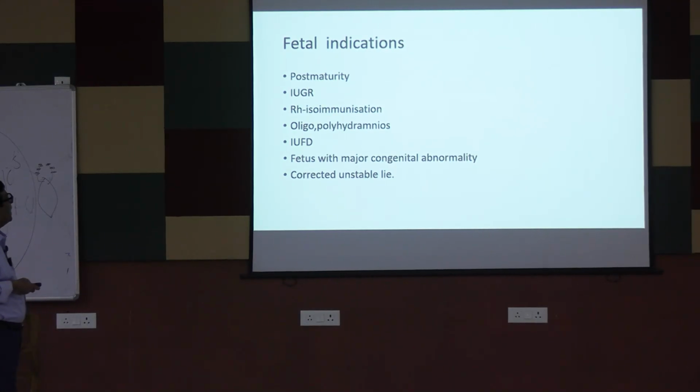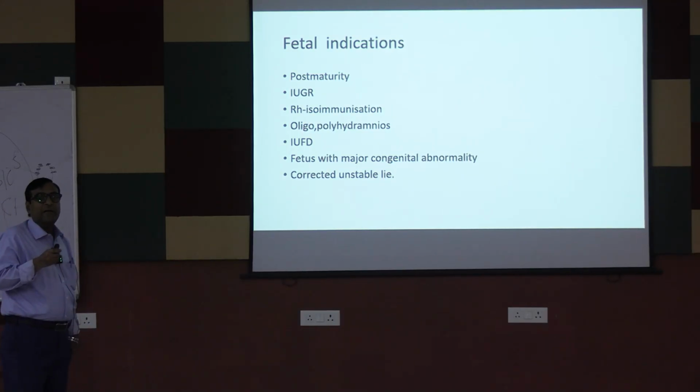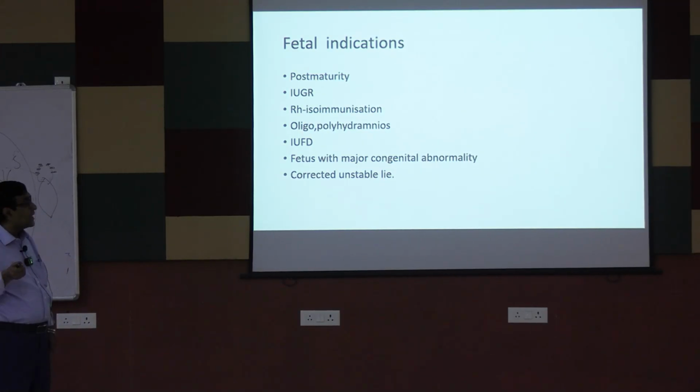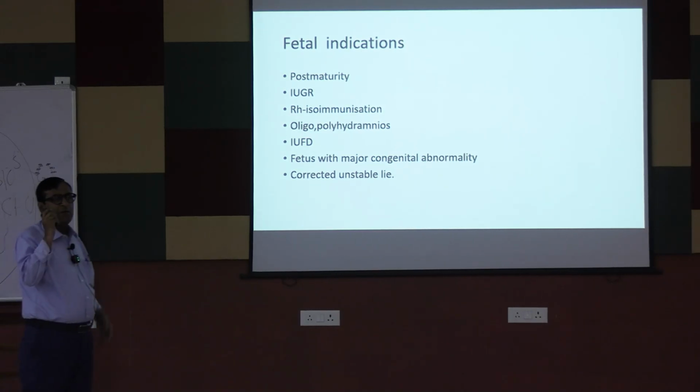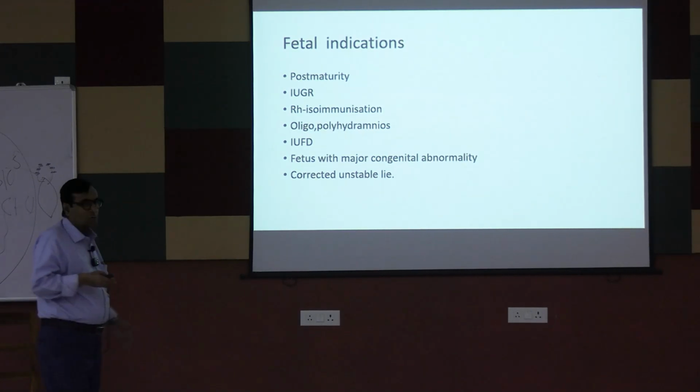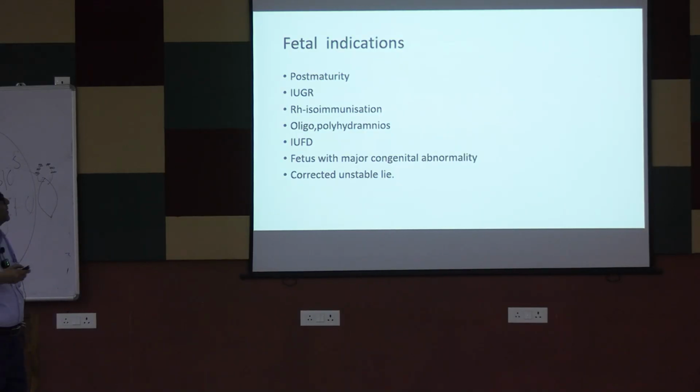Fetal indications, what are fetal indications? Post-maturity. The most common complication of induction is prematurity, so you have to be 100% sure by all available means that you are not inducing prematurely unless otherwise indicated. If really the baby is post-mature, as you all know, the head becomes hardened due to ossification of the sutures and fontanelles, so molding does not occur and delivery becomes difficult.